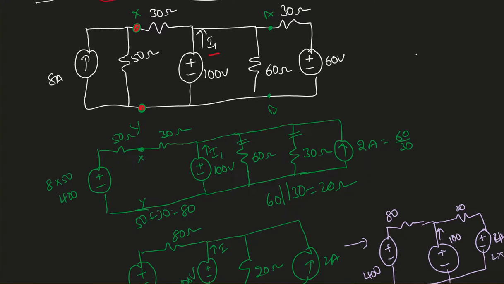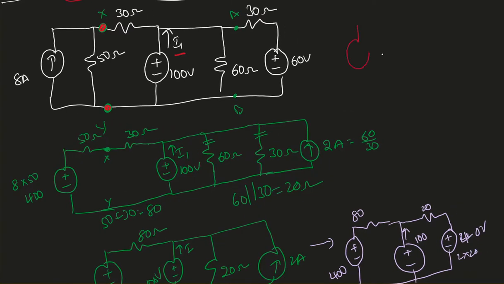and connect it here. So here I have 8 ampere in parallel with 50 ohm. Okay, X and Y. What I can do, I can convert that into a voltage source. The arrowhead is going to be positive, and the arrow tail is going to be negative.